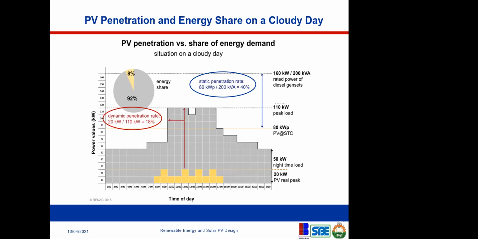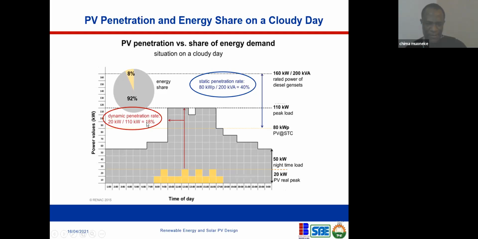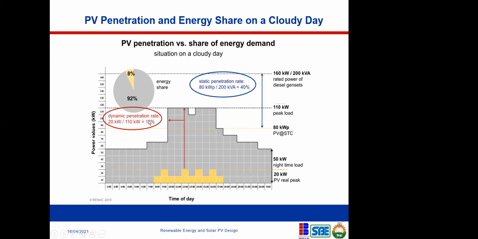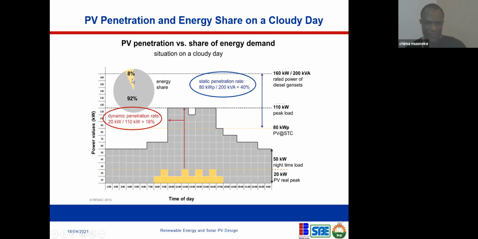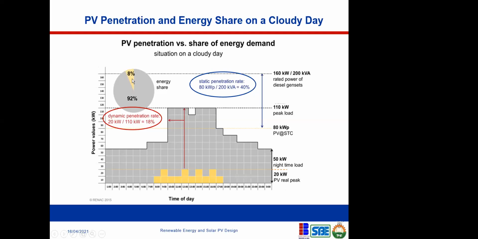Here in the red box circle, it's 20 kilowatts divided by 110 kilowatts. That gives you about 18%. Exactly. Correct. Here now, the energy share for the solar is 8%. Correct. The other one in gray is 92%.